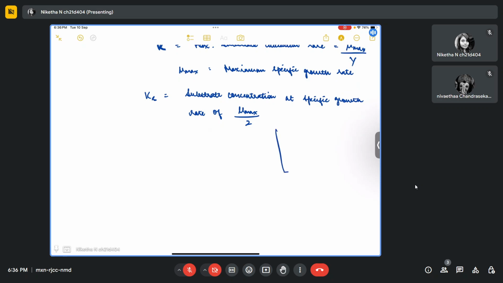Usually there will be a plot of Ks and mu max. Sorry, it's not something like this. So this is going to be a curve shaped. At mu max by 2, whatever value of K is there, that is going to be called Ks.